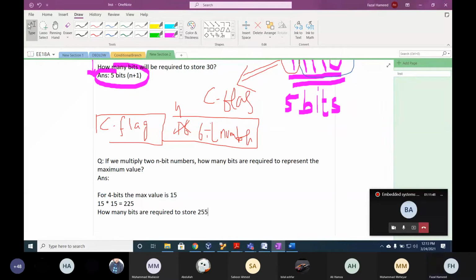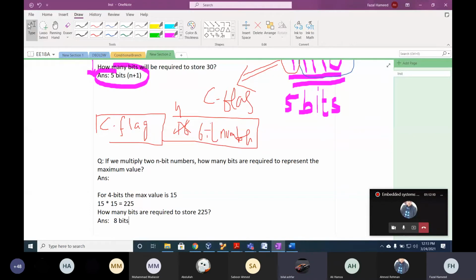4. Why 4? For 4 bits the maximum value is 15, and now we want to store 225. 8, sir. Yes, very good. 8 bits. Why 8 bits?